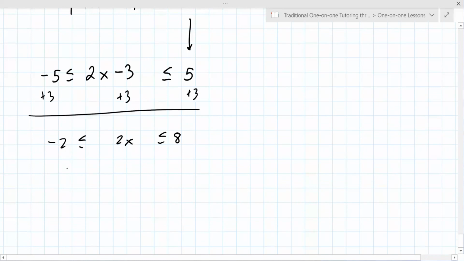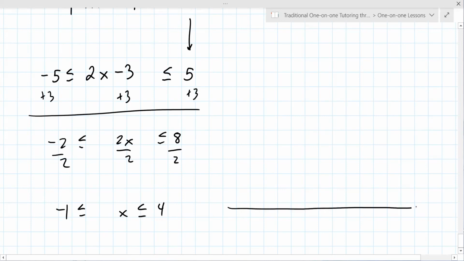That's right. -1, x, and 4. So this is the between case. Here's -1 and here's 4. Are they filled in bubbles or are they not filled in bubbles? Those are filled in bubbles. And since it's between, it has to be on the inside. Between has to be on the inside.